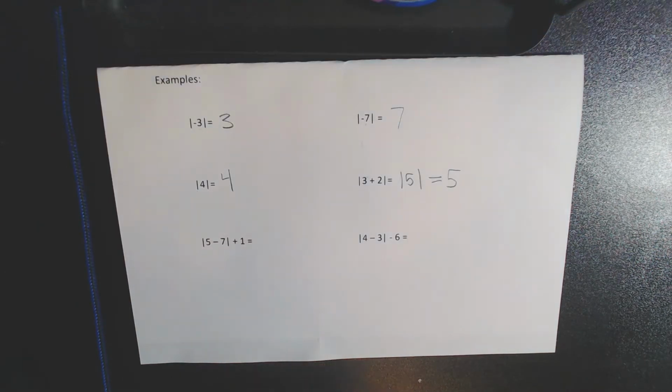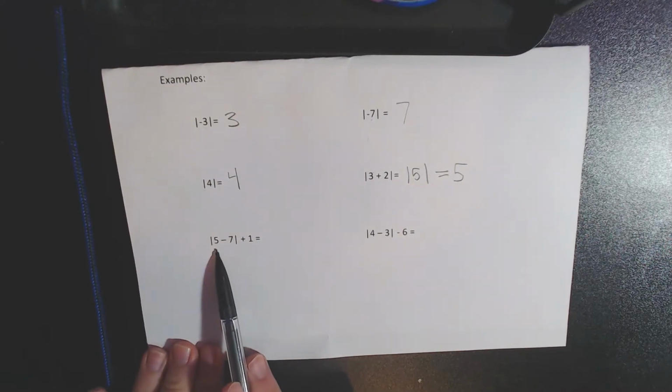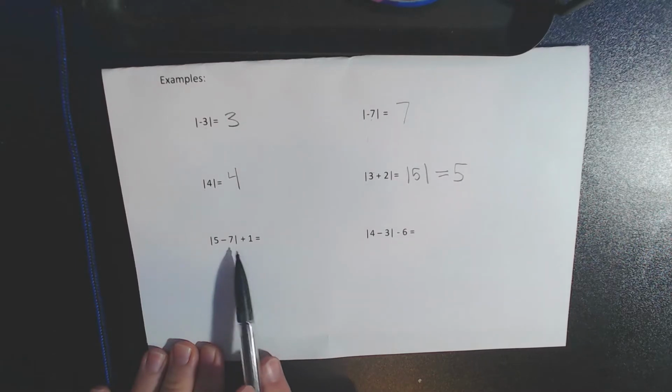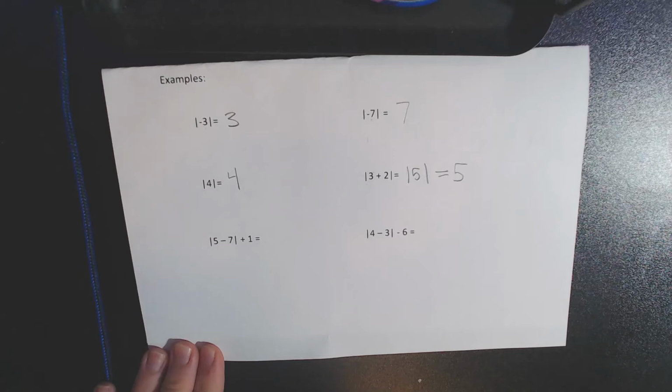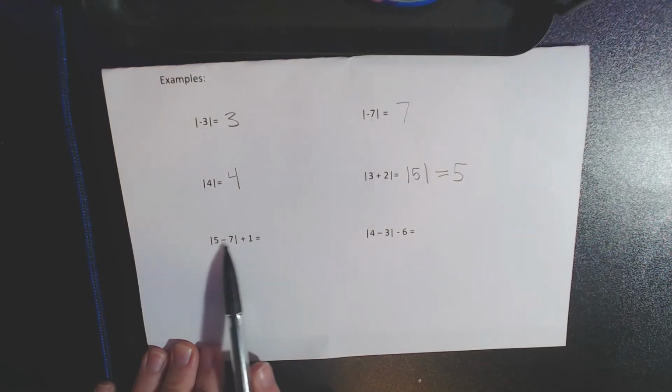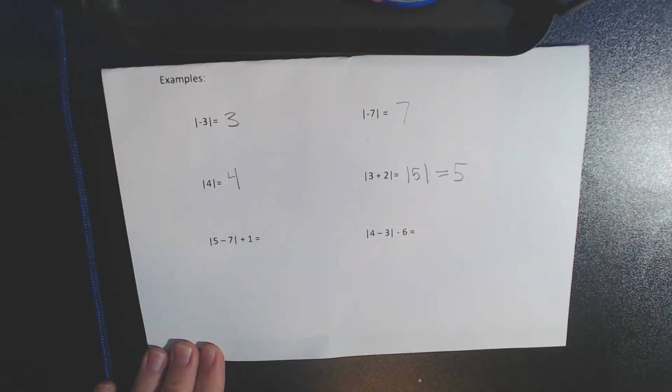Let's try a few more of these just to make sure we got it down. Let's look at the absolute value of 5 minus 7, close absolute values, and then plus 1. So what are we going to do first with this? Do we flip the signs of both the 5 and the 7? Well, not quite.